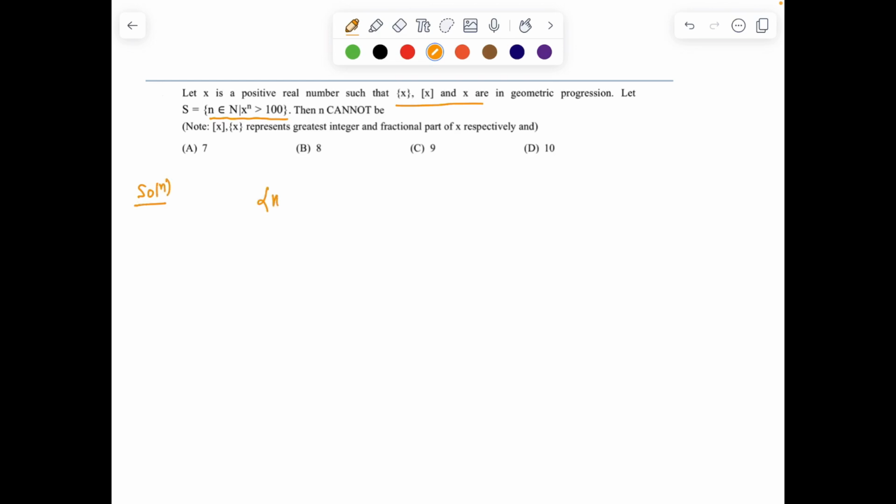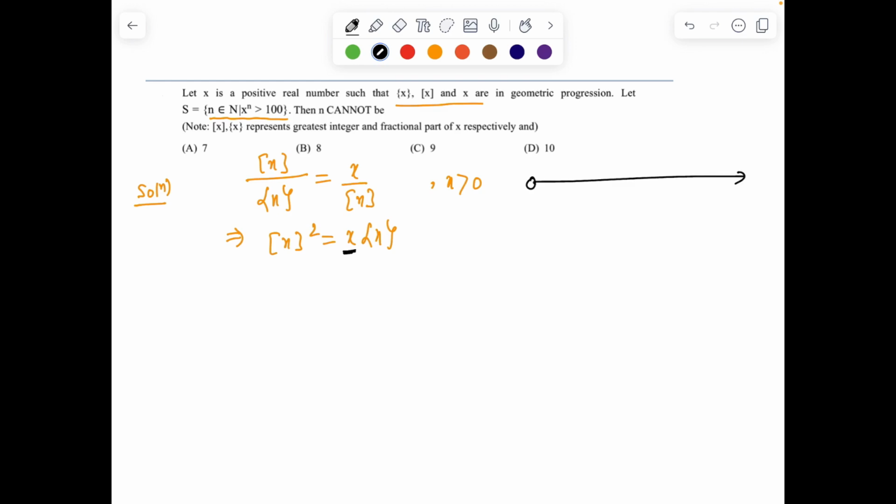Since these three entries, fractional part of x, greatest integer of x, and x, are in GP, from the GP definition the ratio will be the same. Since x is strictly positive, I can divide, and hence we get [x] squared equals x times the fractional part of x. Now we have 100% freedom on x because x is a positive real, so it can take any value. But the greatest integer of x gives only discrete integer outputs, so we have a strong guardianship on it.